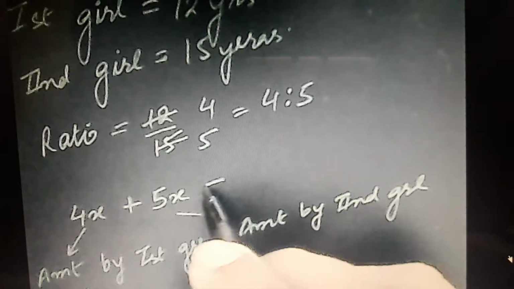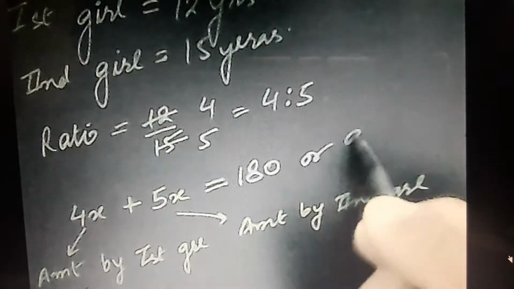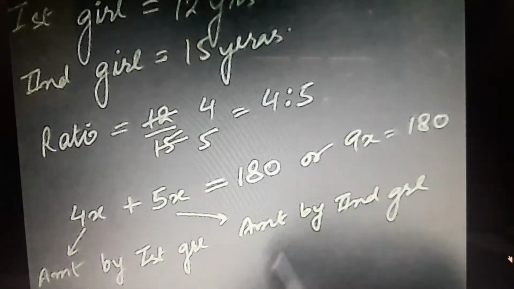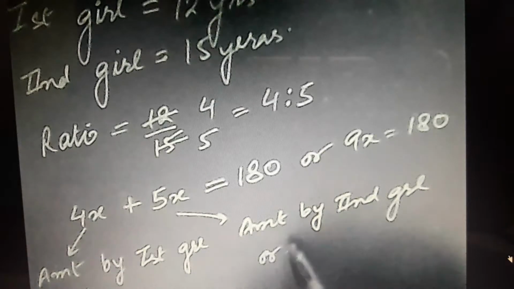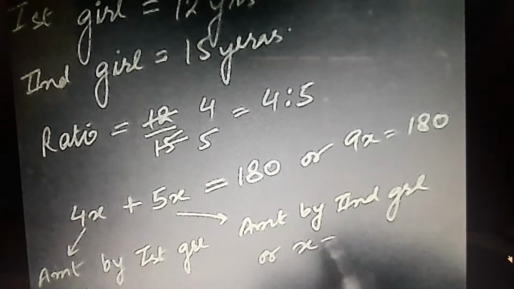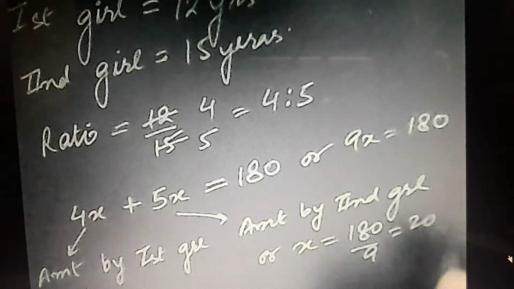So 4x plus 5x equals 180, or 9x equals 180, or x equals 180 upon 9, and that's equal to 20.